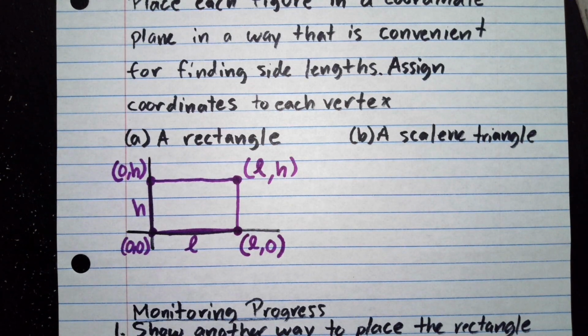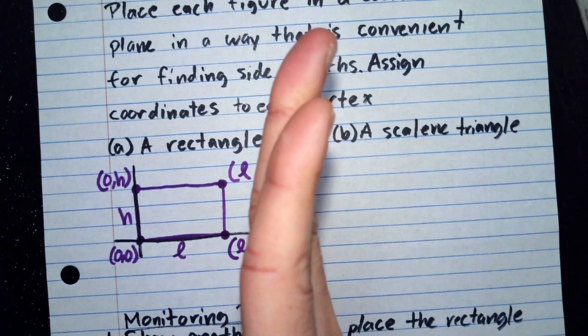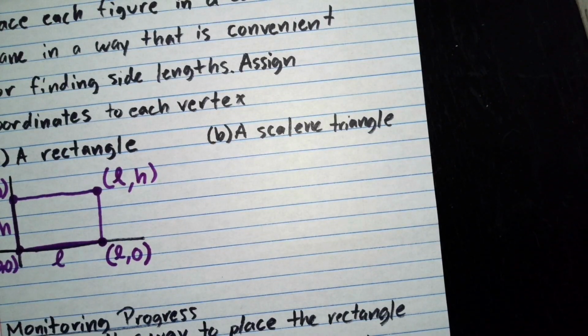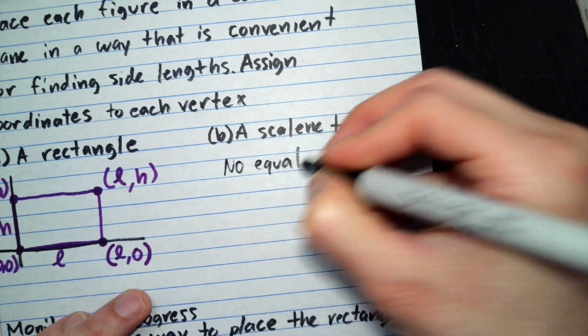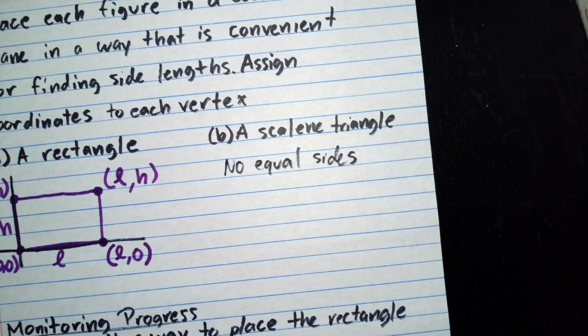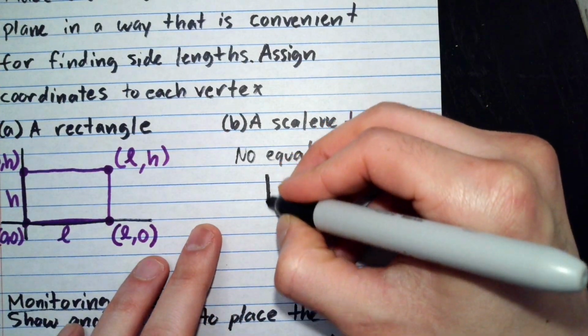Remember, it's always easier to work with lines that are straight, that are either horizontal or vertical, because those are the easier ones to find the length for. So that's the one for rectangle. Now let's do a scalene triangle. If we remember, scalene triangle means that we're not going to have any equal sides. So all sides are different. Once again, I'm going to do a coordinate plane like this.